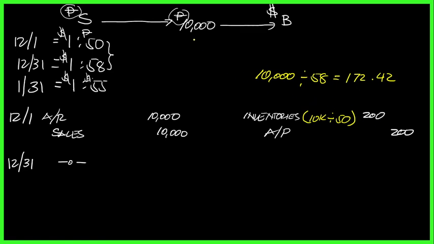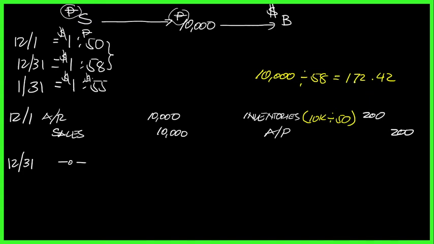If they're going to pay this 10,000 now at the end of the year, they are going to pay $172.42. So this one is considered as a gain.